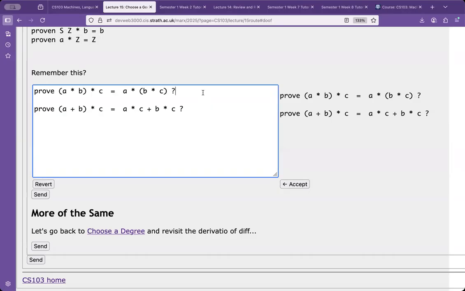Why is it stuck? Inductively C. We're always looking at the second input to multiplication. On the left, that's C. On the right, that's B times C. But then the second input of that times is also C. So that's 2 votes for C, no votes for anything else. So inductively C.